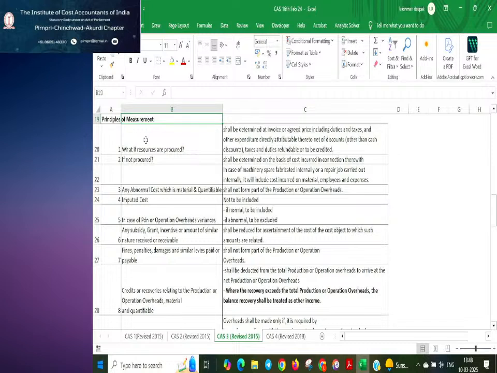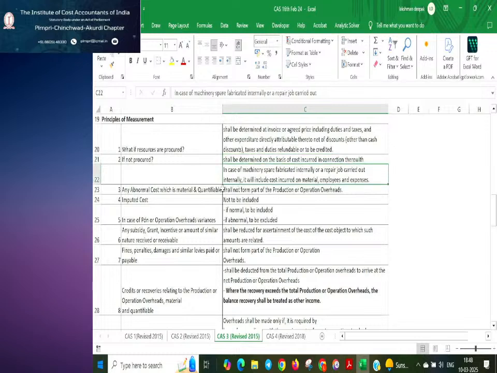What if it is not procured? If you have produced it on your own, then the cost of production is applicable. Whatever cost is incurred in producing that particular resource is to be taken. That is what they say: it shall be determined on the basis of cost incurred in connection therewith.